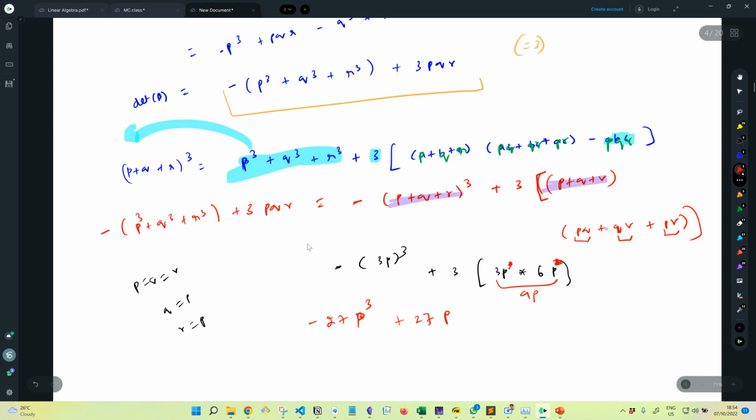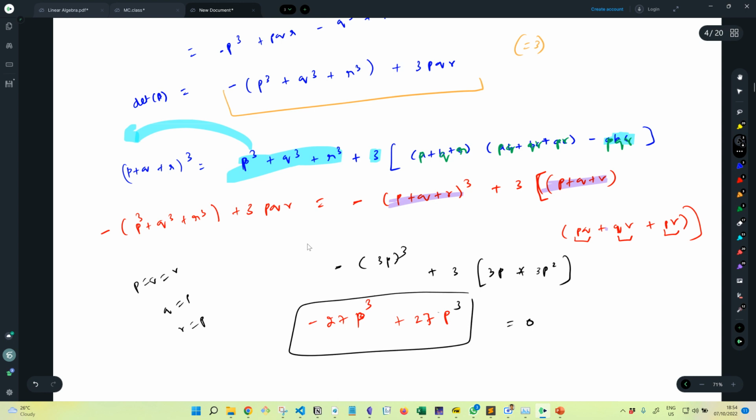No, this is correct. So basically here you will get 3 into 3P into 3P square, which is again equal to 27 PQ. Basically this quantity and this quantity will subtract and you will get 0.